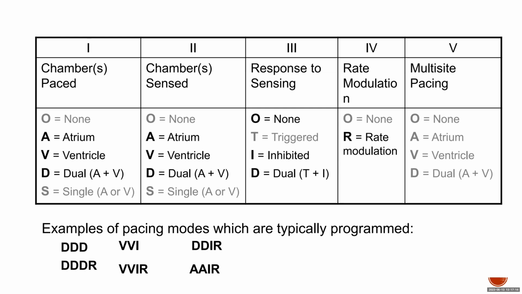So it says, okay, I need to pace. So it paces the atrium, and this pacing triggers the ventricular pacing after a certain period of time. Once you pace the A, it triggers the ventricular pace to pace the ventricle after, let's say, 150 milliseconds. So I have A paced, a delay similar to the PR interval, and then V paced.